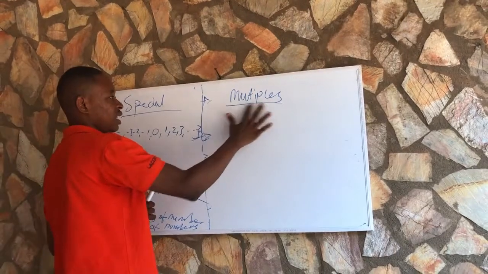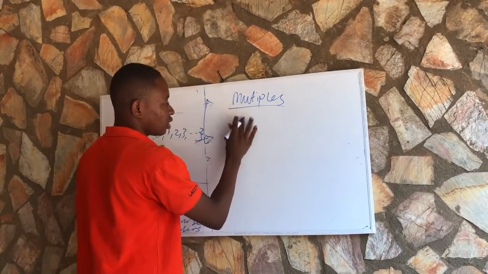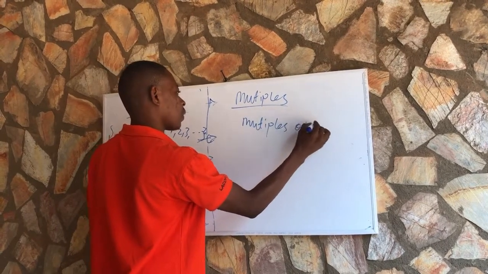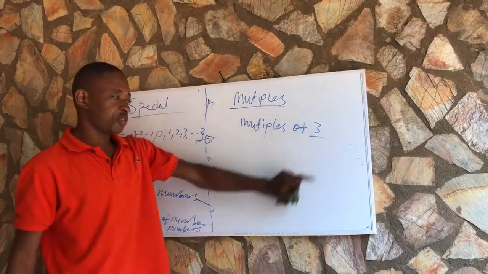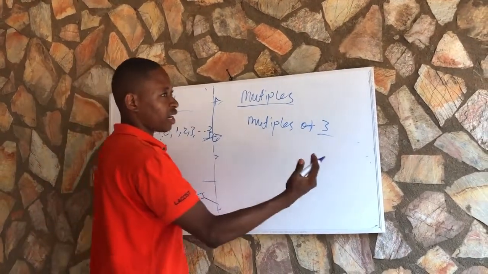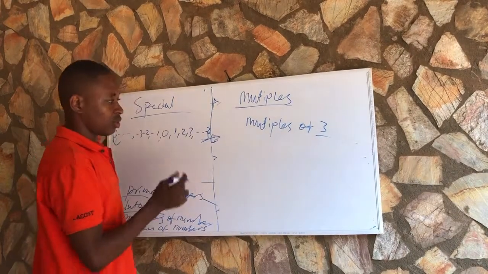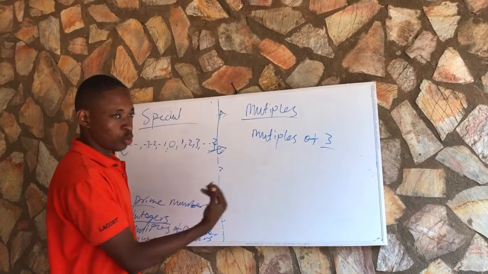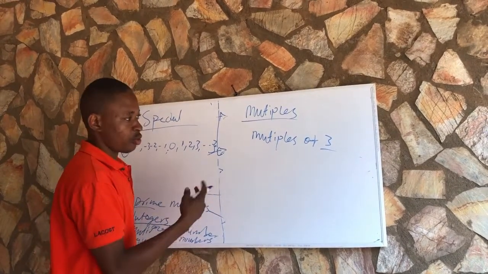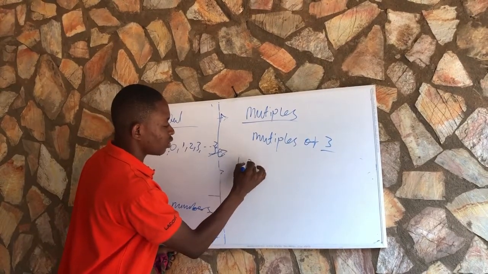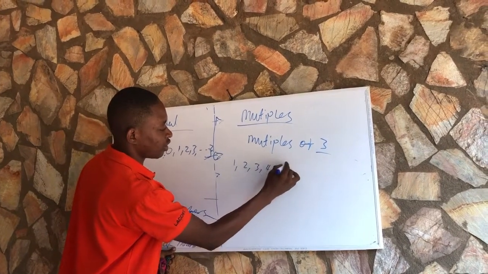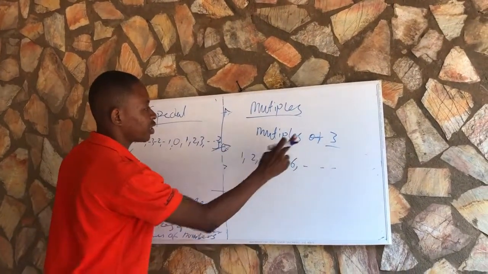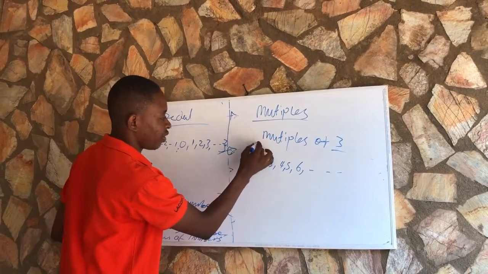For example, if we want the multiples of 3, we can get them by multiplying 3 by all natural numbers. From our previous definition, natural numbers are all numbers starting from 1. So we have 1, 2, 3, 4, 5, 6, going to infinity.